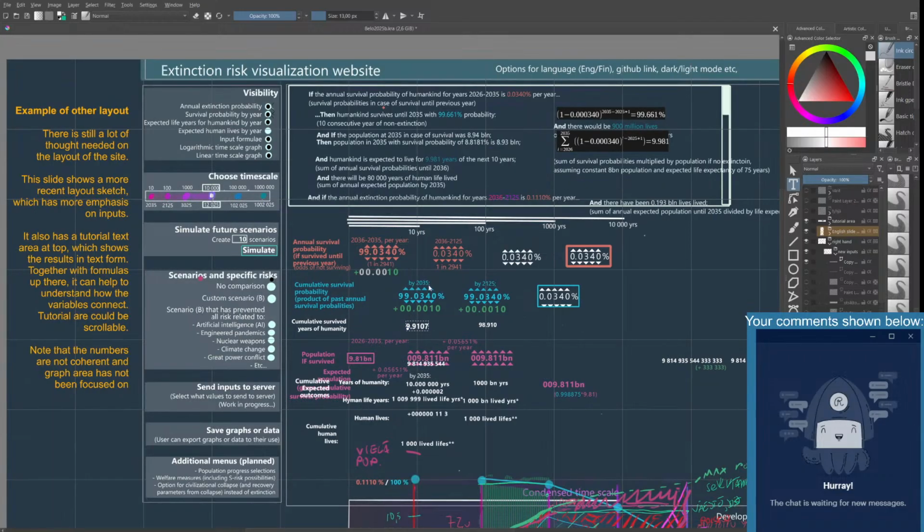I think I need a lot more colors. I think that's gonna be a little bit annoying.